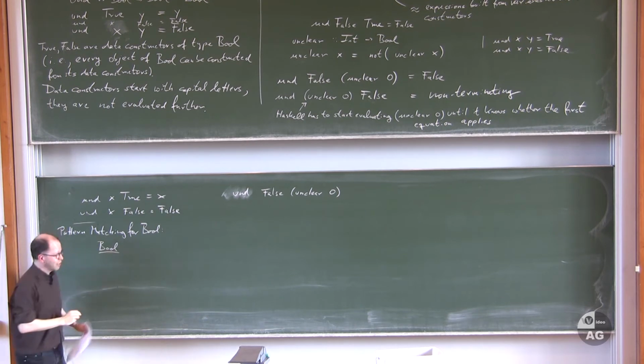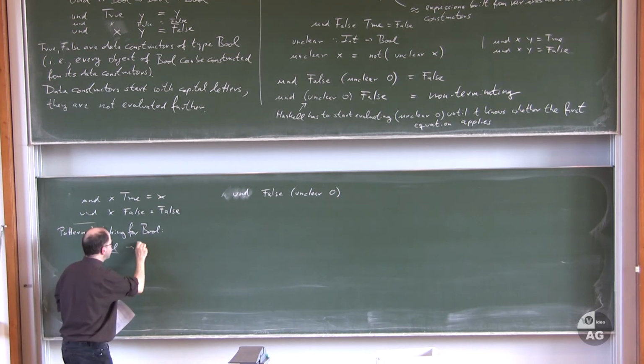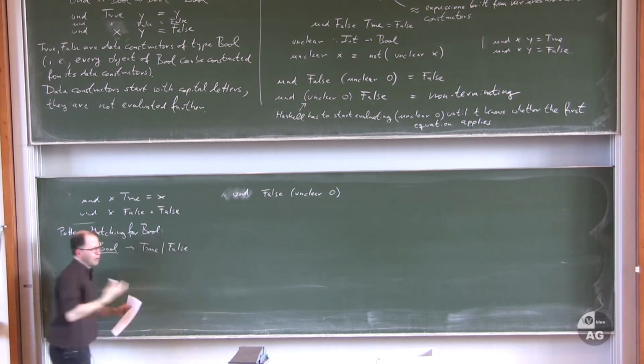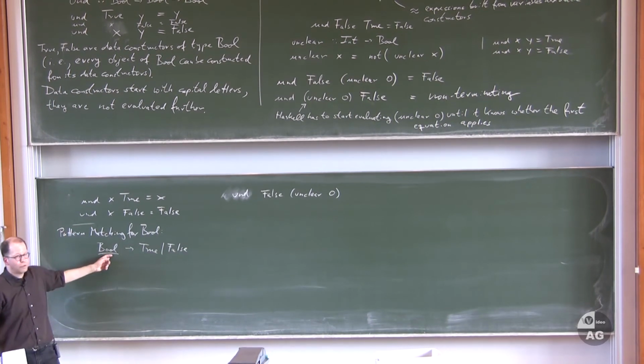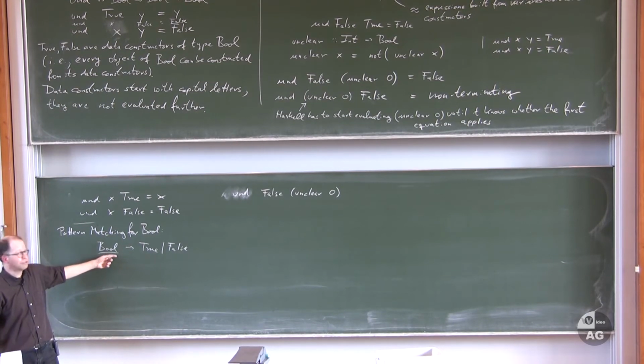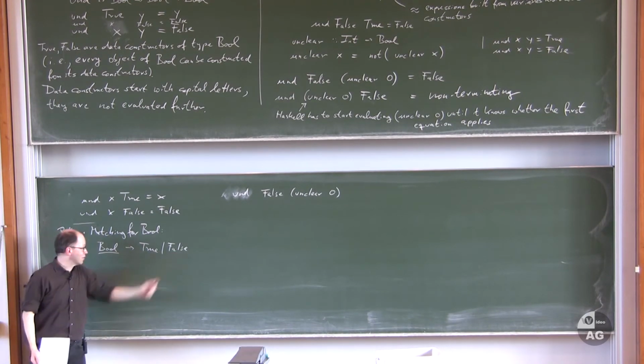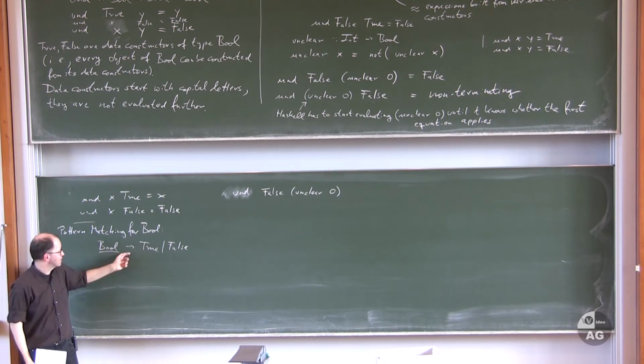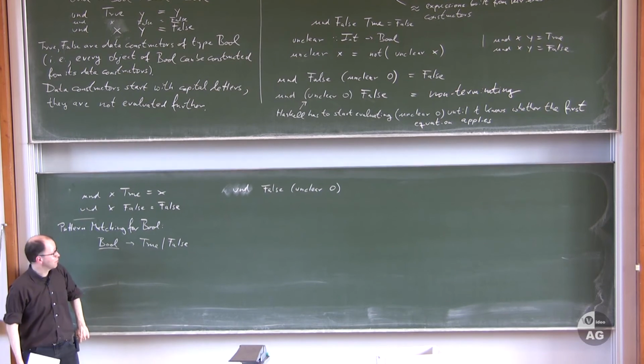If I want to have a Boolean value, then the value is either true or false. So if you want to define the concept of Bools by a grammar rule, you could do it like this: Bool is either true or false. And pattern matching essentially means I do a case analysis corresponding to this grammar rule.